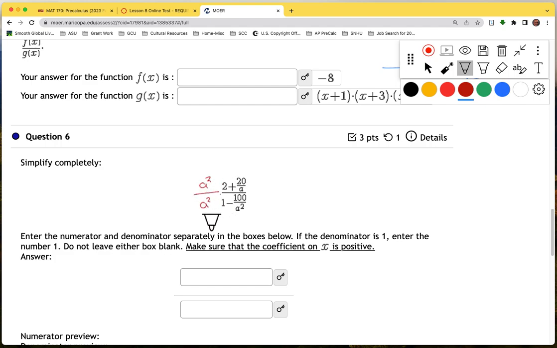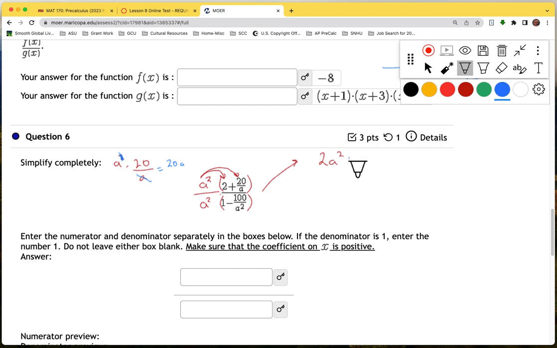And notice that is just a form of 1. But each of these are grouped, so when we multiply through, I'm going to go up a little bit higher, this has to distribute to both of these terms. So a squared times 2 is 2a squared. A squared times 20a, let me do that over here. This a cancels with one of the a's, right? So this is now just a to the first, so this is going to be 20a.